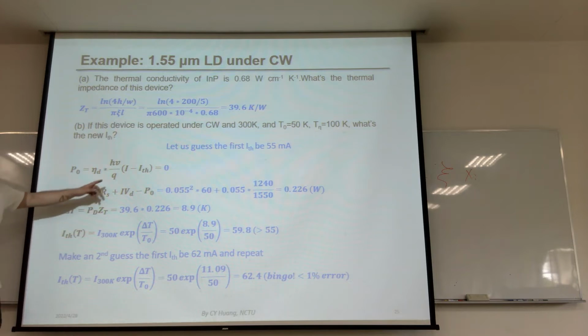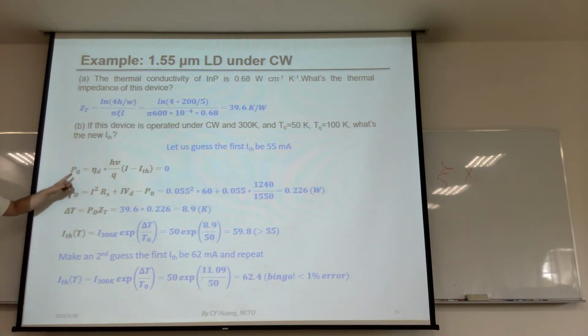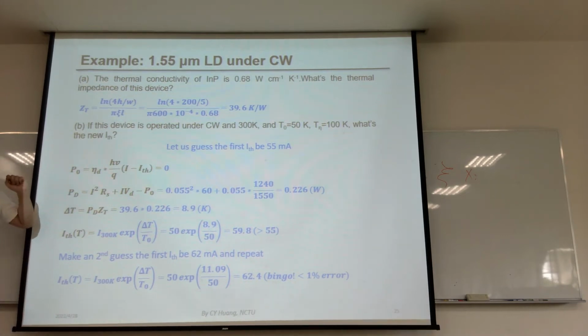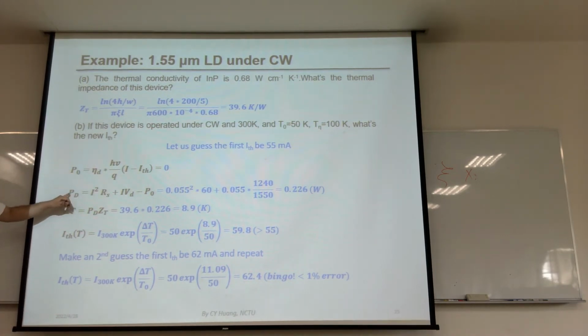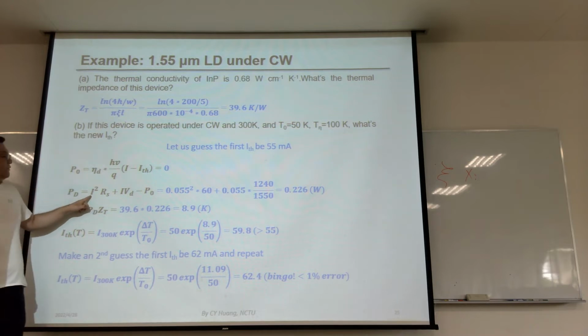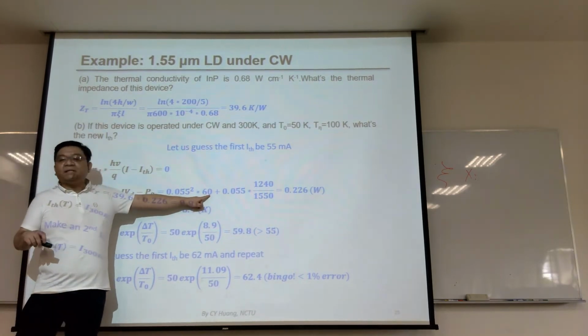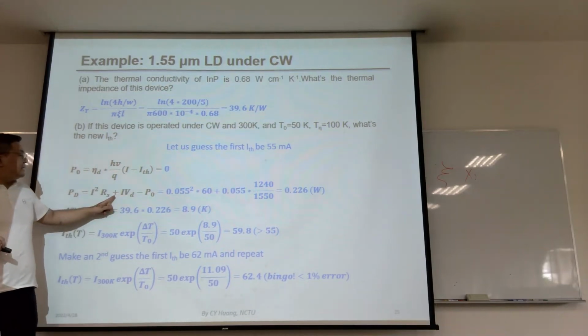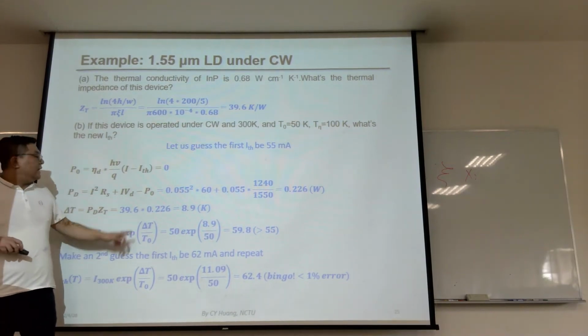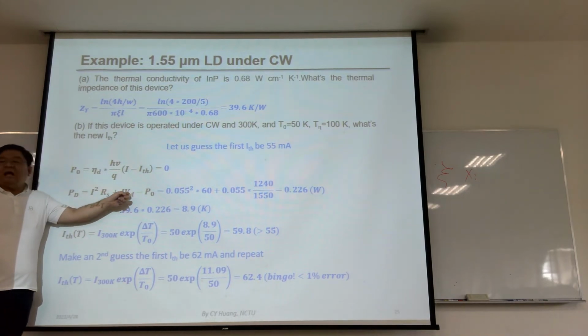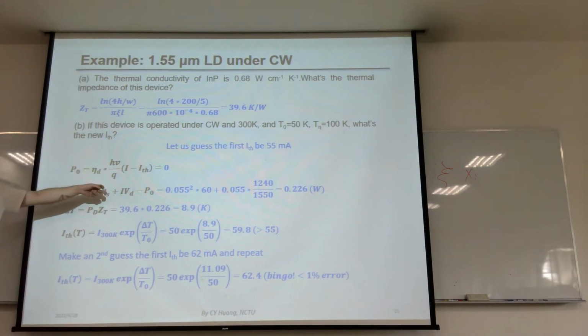At I equal to ITH, the P0 is 0. And the power of dissipation will be 55 milliamp times its series resistance plus the ideal diode voltage VD.